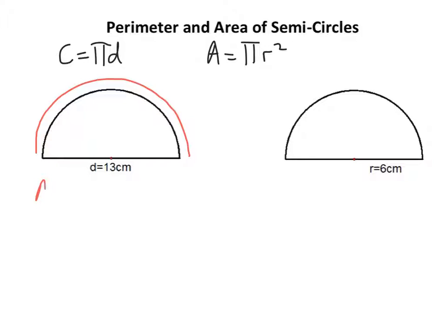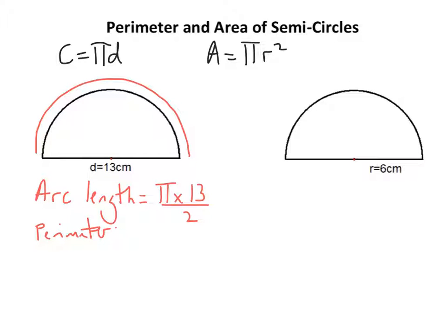So if I was to find arc length, it would be pi times 13 over 2. If I was to find the perimeter, it would be pi times 13 over 2, add 13. I've got to add the straight bit.